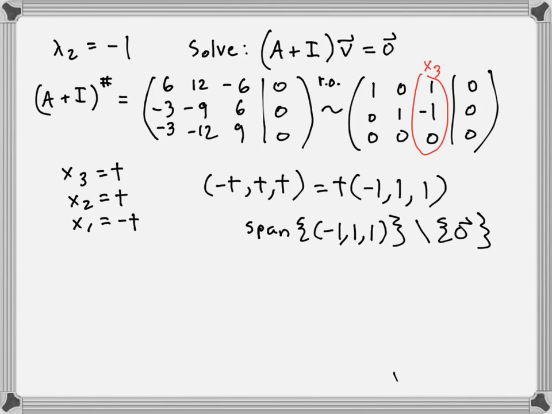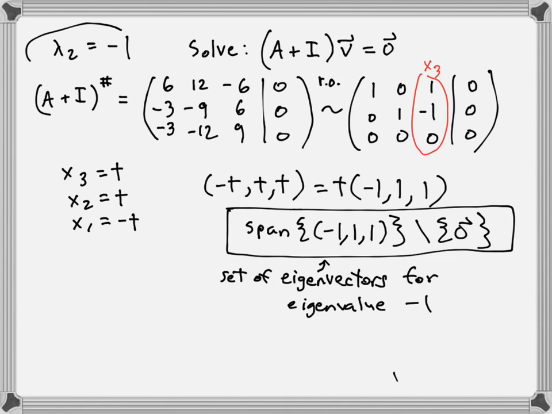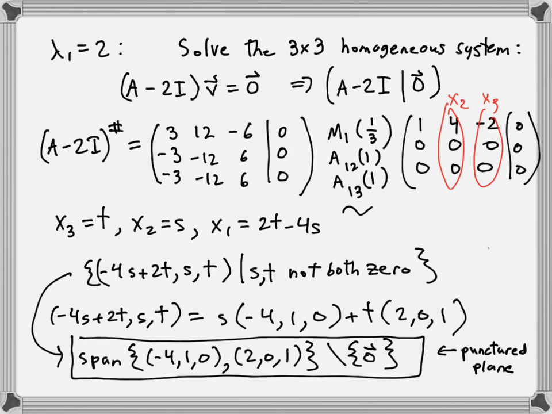So this is the set of eigenvectors for eigenvalue -1. Okay, so these are our two solutions, right? We had one eigenvalue with its set of eigenvectors, and then for the other eigenvalue, we had that set of eigenvectors.